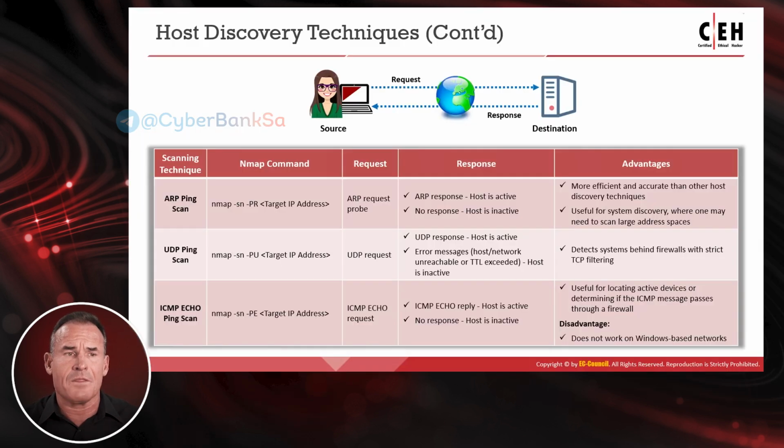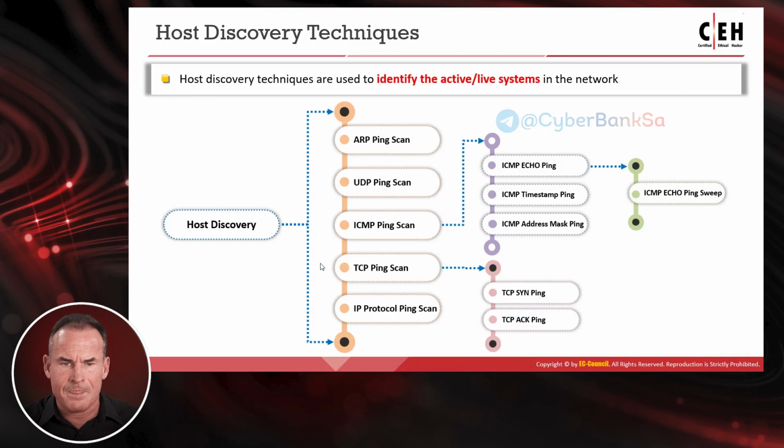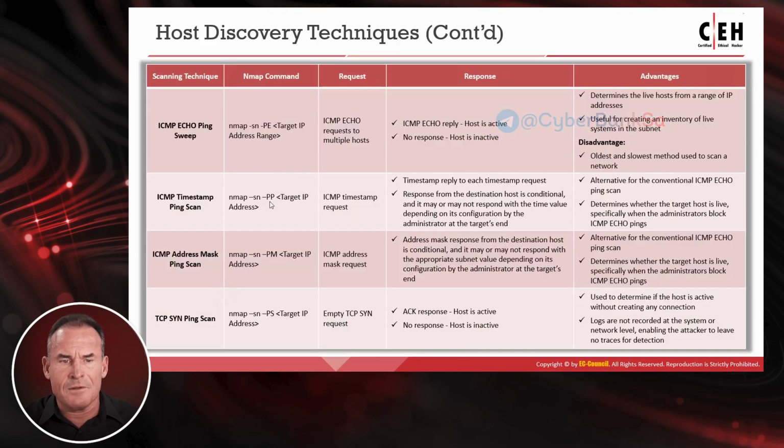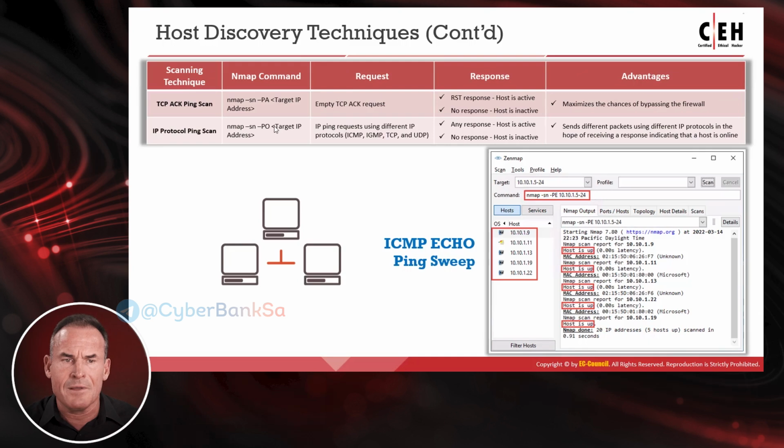All right, so the discoveries. Capital P, uppercase R for ARP, uppercase U for UDP, uppercase E for ICMP echo, P for timestamp, M for net mask, and then for TCP, you have S for SYN ping, and you have A for ACK ping.